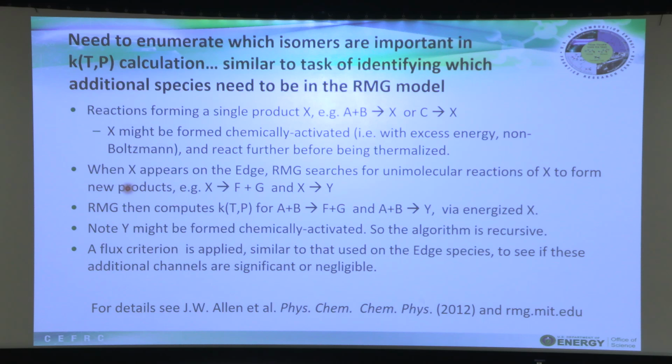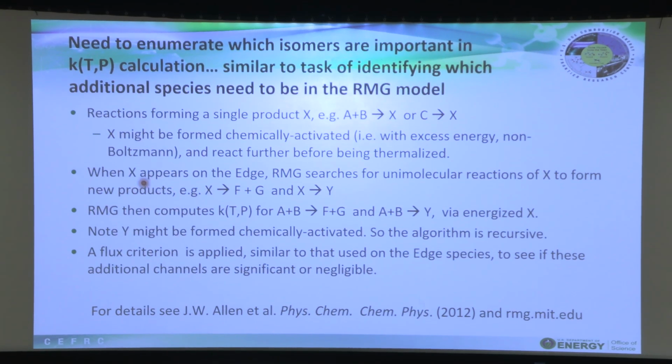So when I do a reaction like that in RMG, and the new species X appears on the edge, RMG immediately searches for unimolecular reactions of X to form new products, either to break a bond or to isomerize. And it has the reaction A plus B went to X, and it has, for example, X goes to F plus G, and it computes the Ks, including the pressure effect, for the overall process.